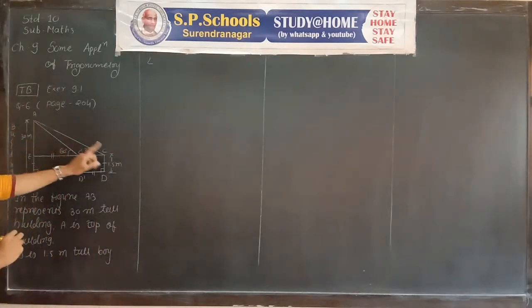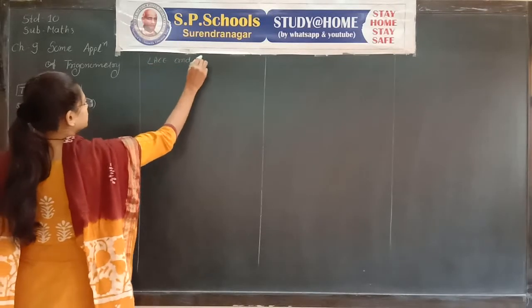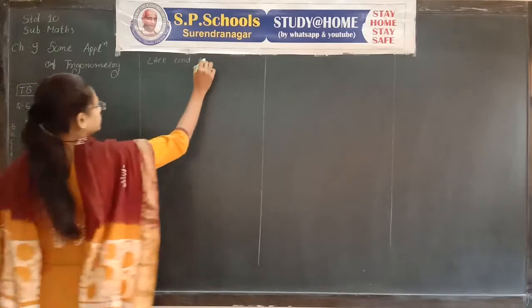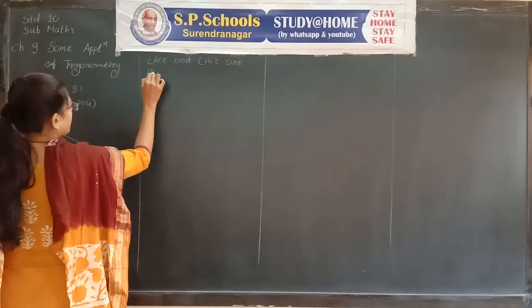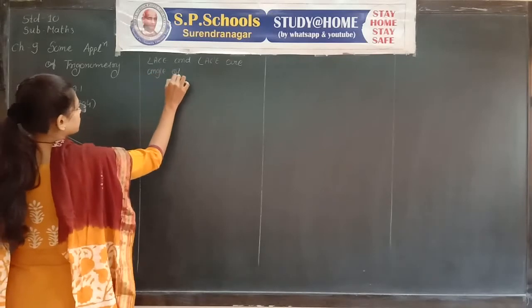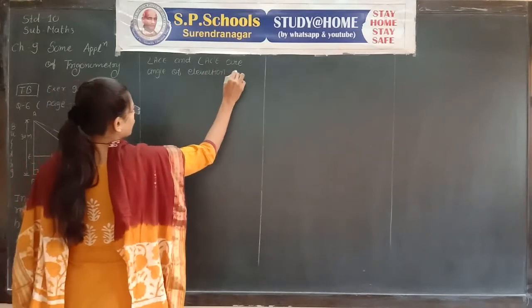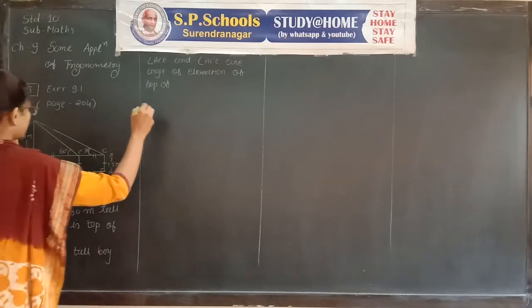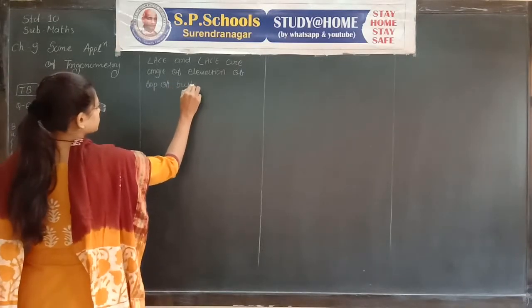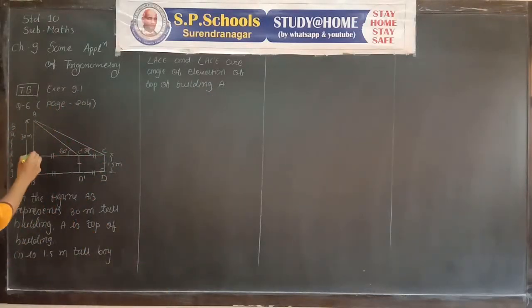Angle ACE and angle AC'E are the angles of elevation of the top of building A. AE is also perpendicular to BE.